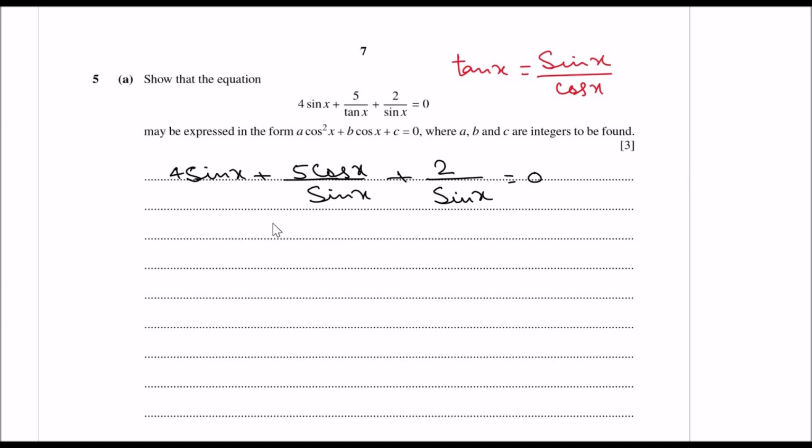Now we need to get rid of the denominator sin x. Okay, so what we will need to do? We need to multiply all the terms by sin x. So let's multiply all the terms by sin x. The reason is we need to get rid of the fractions here, denominators. Okay, so 4 sin x times sin x, we get 4 sin square x.